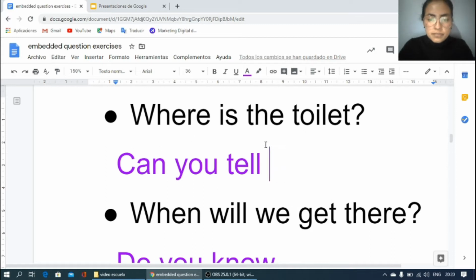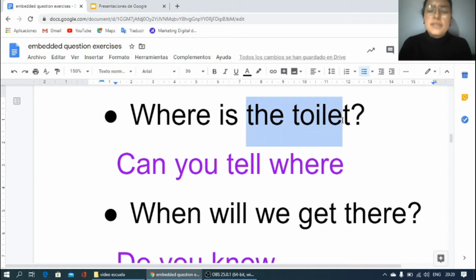Where. In this case you have to put it like a sentence: subject, verb, and complement. Okay, now you have to put the subject. Is where a subject? No. Is the toilet a subject? Yes, very good.